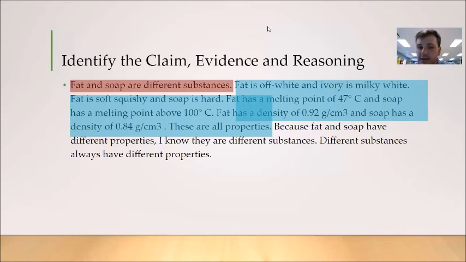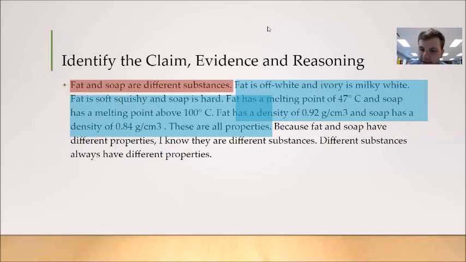This right here is our evidence. Of the evidence that is there, which ones would be quantitative? Well, I'll give you a second. Quantitative would be the melting point and the densities. Qualitative would be the color of the substance and the texture of the substance.